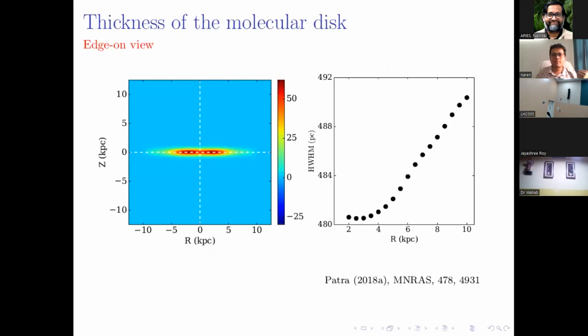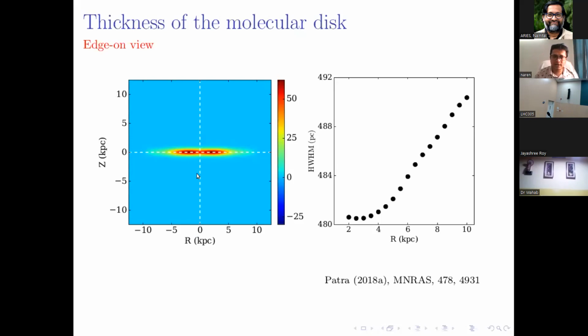Okay, so now coming back to the original question: we started by asking whether it is possible to have this thick molecular disk going up to 1.5 kiloparsec. To answer that, I now have this model which matches our observation. So I have inclined this model to 90 degrees, that is edge-on, and asked: if I incline this to 90 degrees and project it into the sky plane, can this disk be as thick as 1 kiloparsec or not?